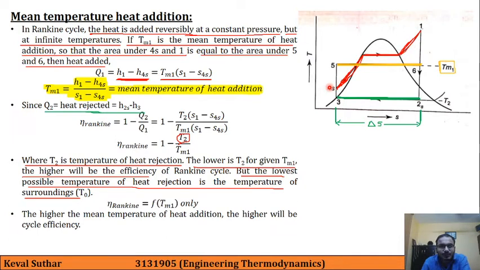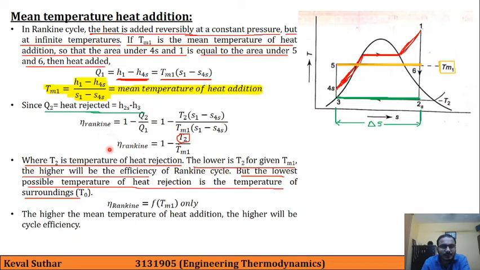So what we do here is take a ratio of enthalpy and entropy for process 4s to 1. That is, the mean temperature of heat addition is H1 minus H4s, that is the numerator, divided by S1 minus S4s, that is the denominator. So this will be the mean temperature of heat addition.